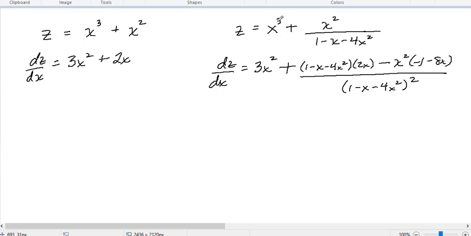So that first term, the x cubed, I just took its derivative, and then when I moved on to the second term, that was the more complicated quotient rule. So 3x squared plus, let me work with this, so distribute the 2x through.